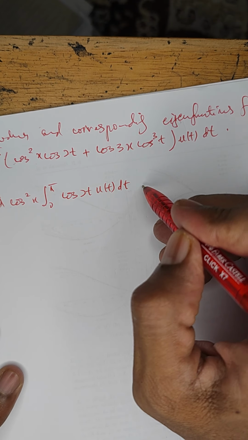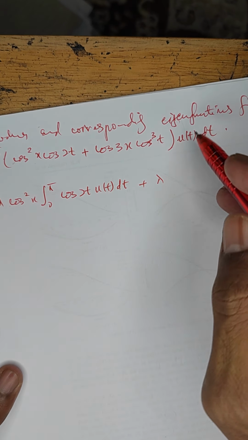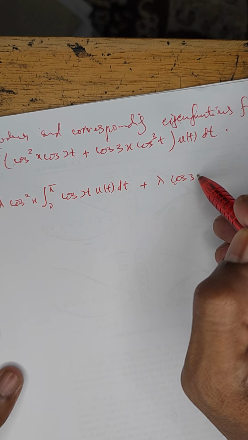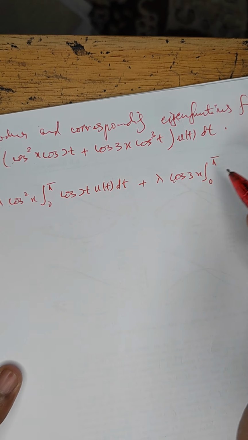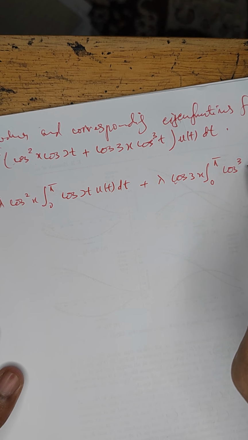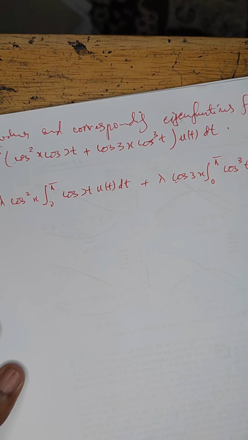And for this, plus lambda cos 3x integrate 0 to pi cos 3t ut dt. Okay, just expand the given equation.